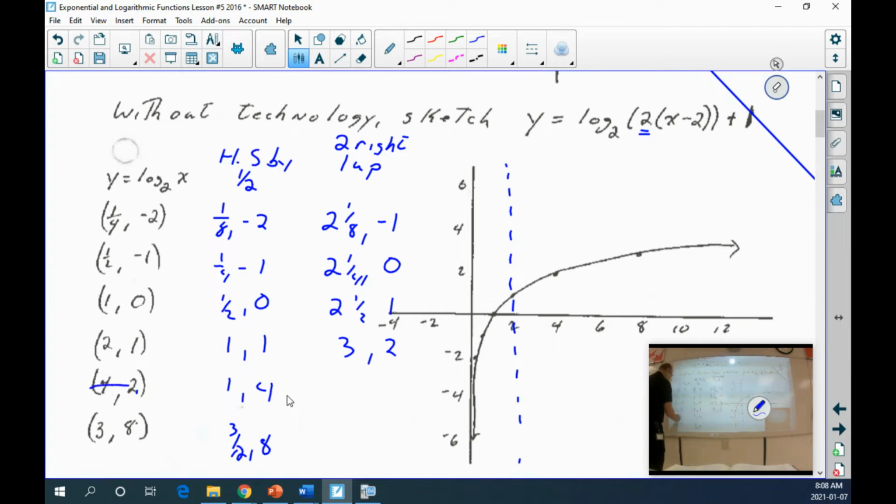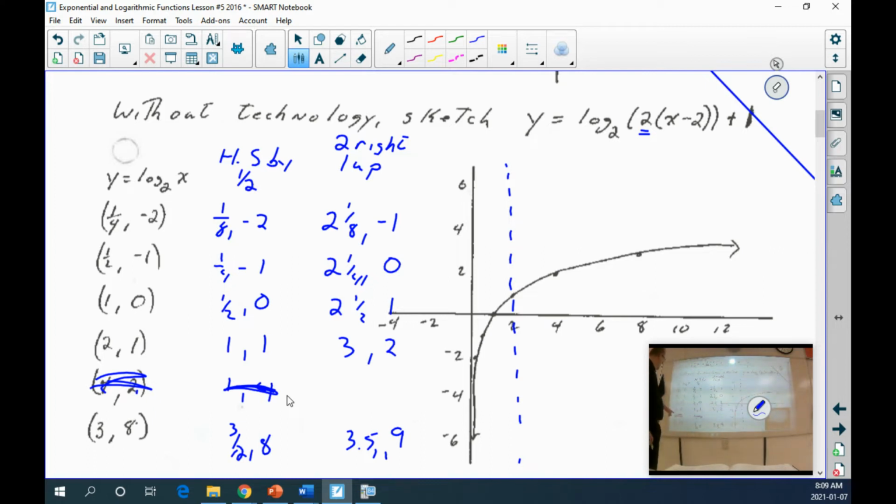I'm just going to skip that line. Something is wrong with that. I have to fix it. Sorry. And then the 3/2 would become 3.5 and 9.